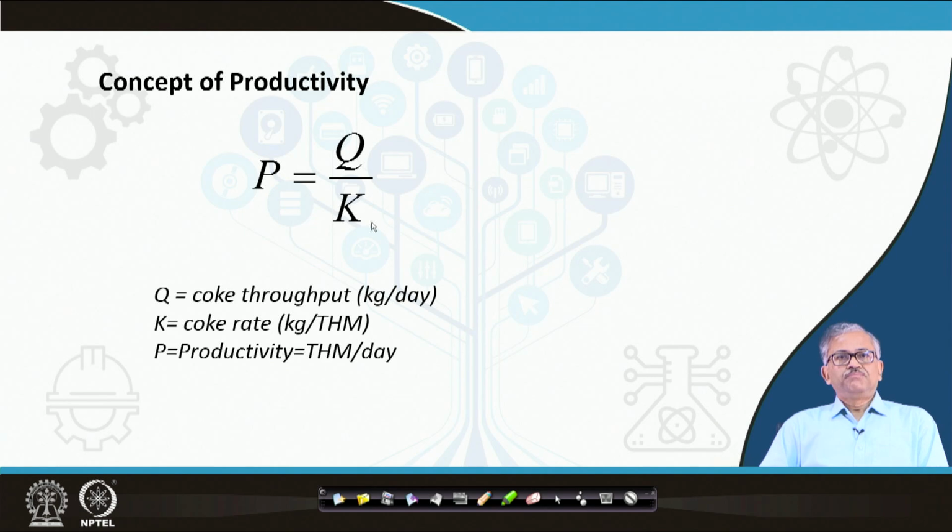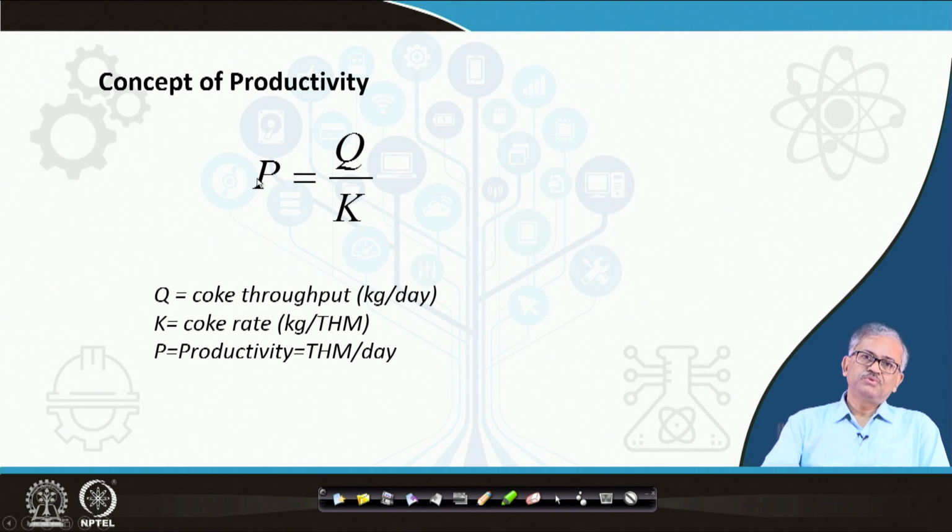So Q has a unit of kg per day, and K has a unit of kg per THM. So P comes out in THM per day, the tons of hot metal you are producing per day. It depends on Q in the numerator and K in the denominator.